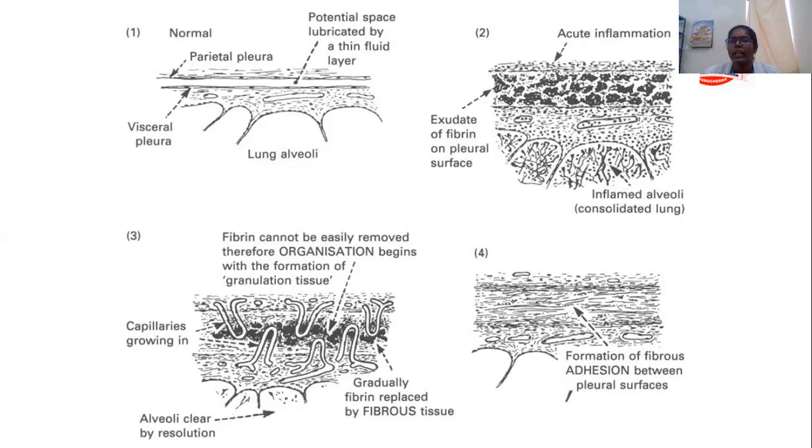Because of acute inflammation, there is exudate in the potential pleural space. If this exudate is not removed, in the third picture you can see an ingrowth of capillaries into the exudate region, converting it into fibrosis, and because of the fibrosis there is an adhesion between the pleural surfaces. So this is also one of the outcomes of acute inflammation.